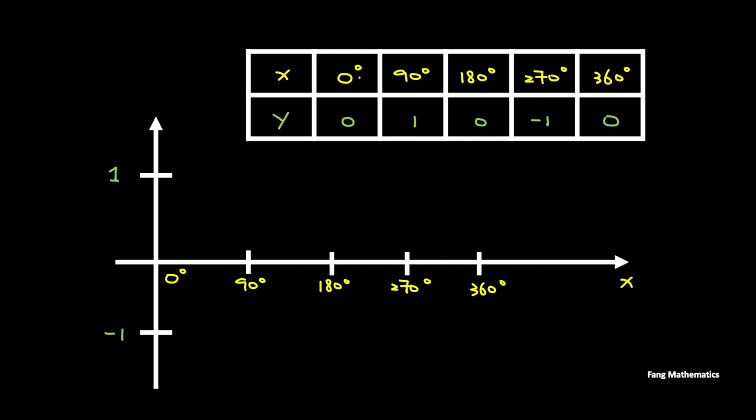So let's plot the coordinates on the graph. Let's start with 0 degrees, 0. So at the intersection, 90 degrees, 1. So here, 180 degrees, 0. So here. In a similar way, you are to plot the rest and join them together.